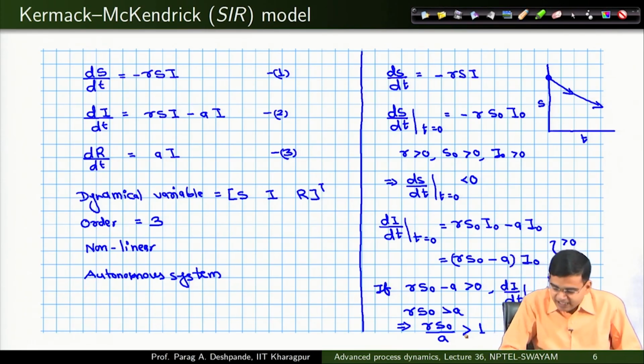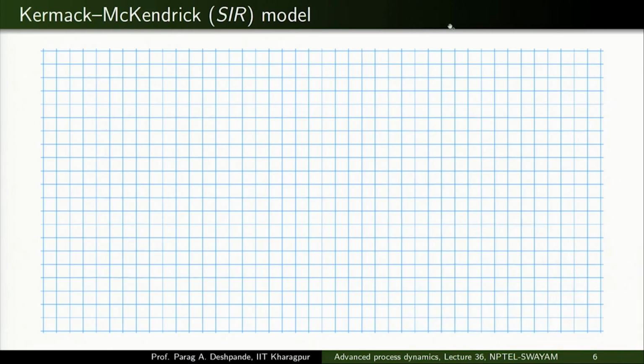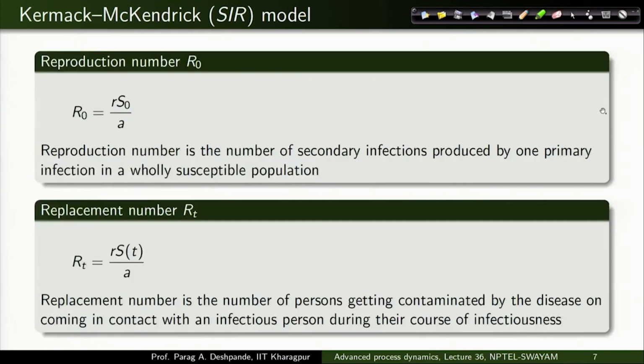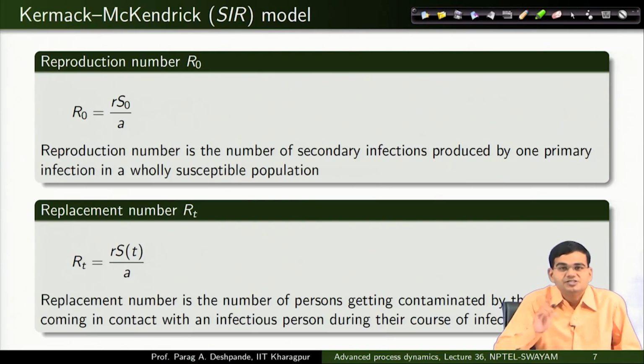Okay. And what is the name that we have given to this quantity r S0 by a? If you have been following news, I am sure it is not very difficult for you to recall that this number is called reproduction number R0. All of these days you must be coming across this term R0, reproduction number, and it is nothing but r S0 upon a.